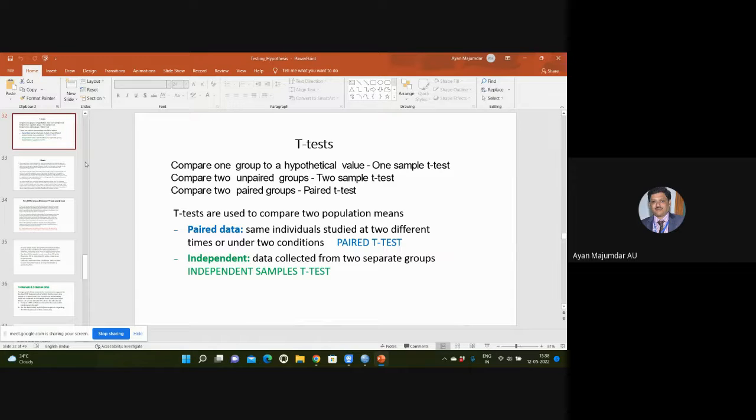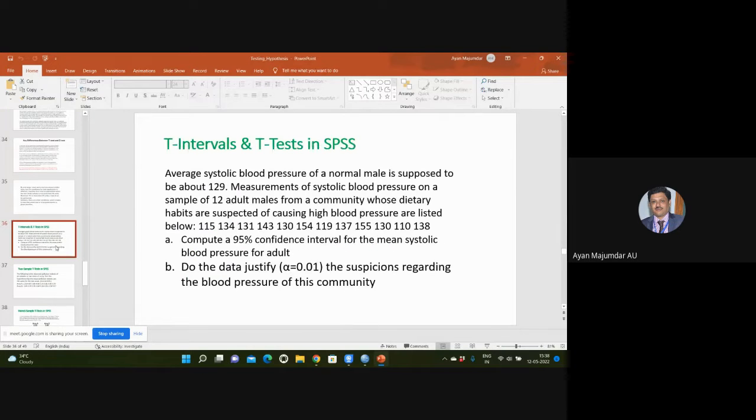Let's take up the first one, the one sample test. See here, I have a sample of 12 men. The average systolic blood pressure of a normal male is supposed to be about 129.